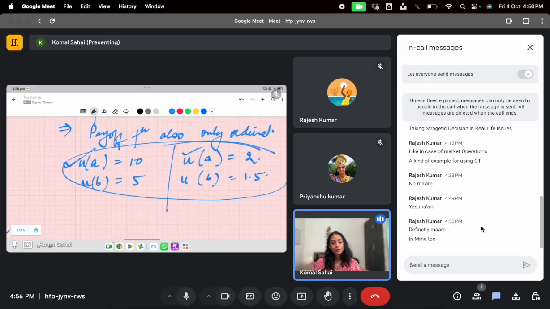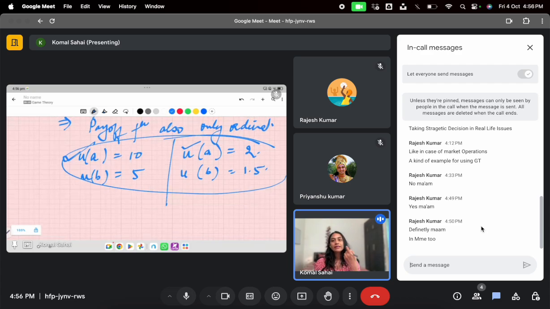Okay, so that also means that any increasing function works. Instead of U(A), let us write V. So you have V of A and V of B. This is one function, this is another function. Suppose U is an increasing function of V: whenever V goes up, U goes up.